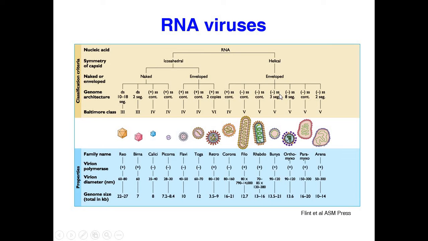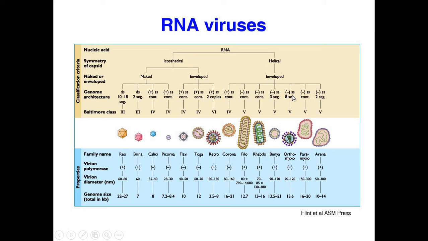Another example, a negative sense single-stranded RNA virus with 3 segments, is Bunyavirus, which also has polymerase enzyme, 90 to 120 nanometer diameter in size, and 13.5 to 21 kilobase pair genome size.